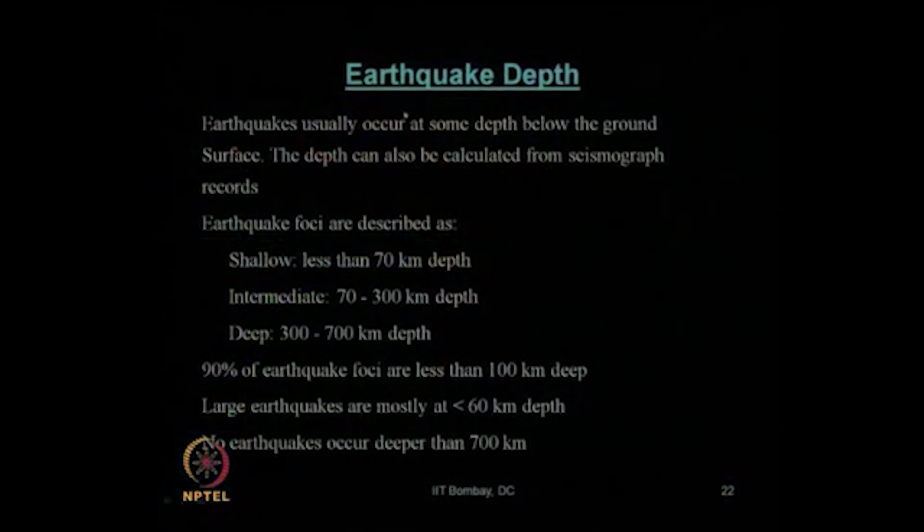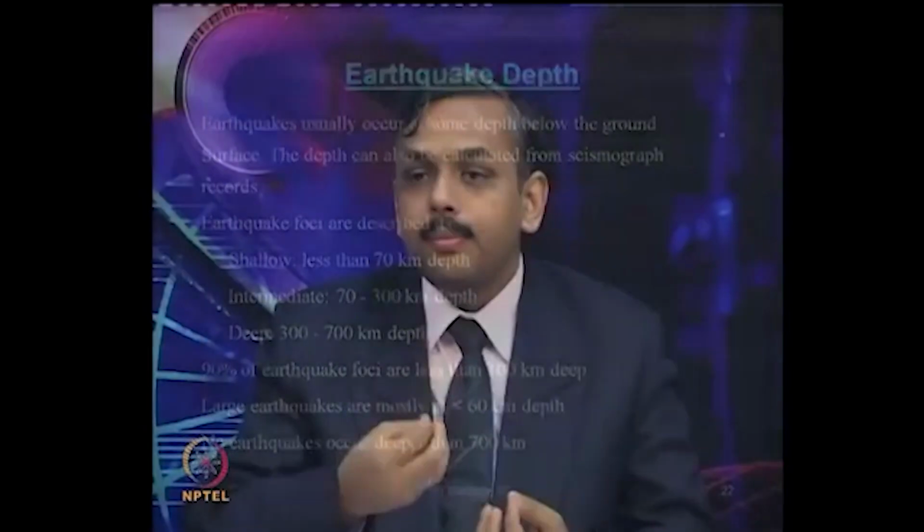Now, let us come to the next subheading, which is called earthquake depth. This is also another important parameter which we should know from the seismologist. Earthquakes usually occur at some depth below the ground surface, for obvious reason, because the energy has to get released from the earth's interior, right?